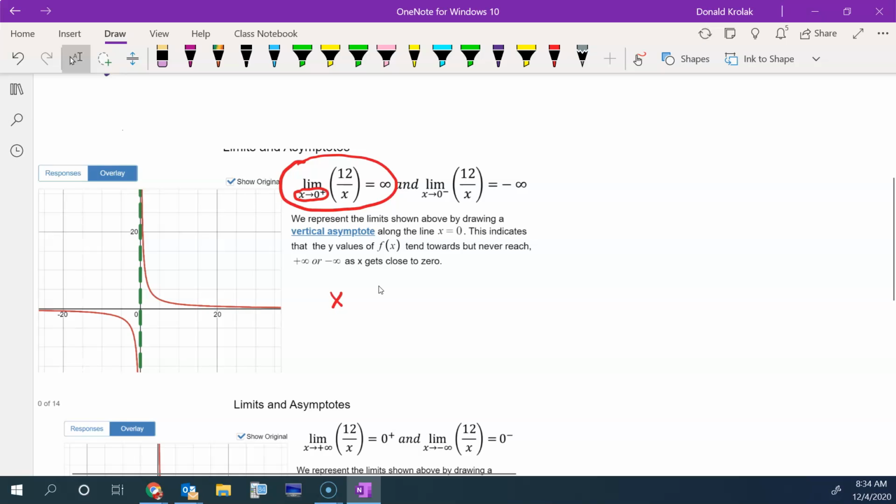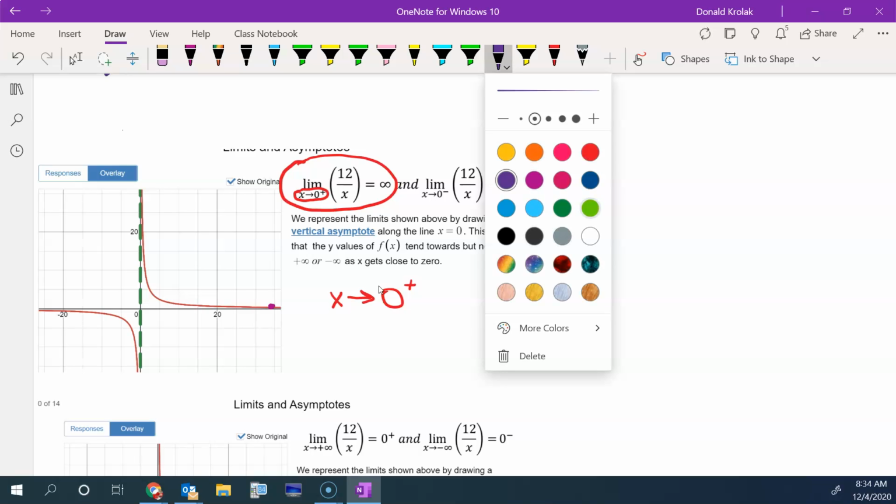If I see x with an arrow and a 0 with a plus, that represents that I'm on this branch of the graph, and I'm moving towards x equals 0.